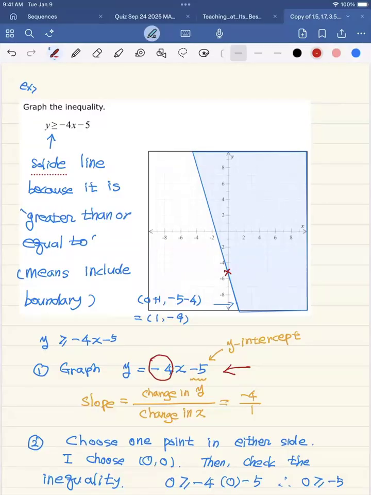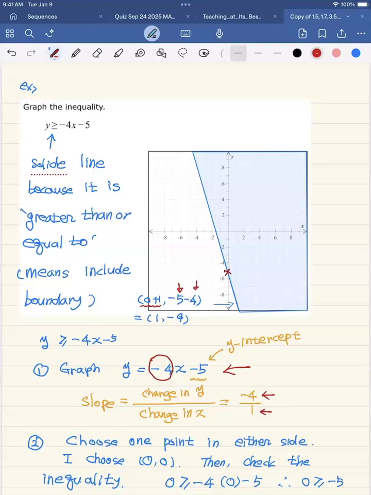And then we have to figure out another point on the straight line. When x changes by 1, y will drop by 4, because the change in y is -4. -5 was the y-intercept, and then we subtract 4 here.